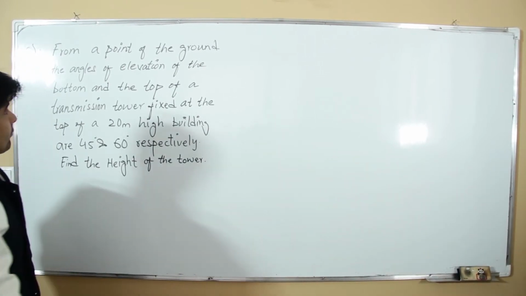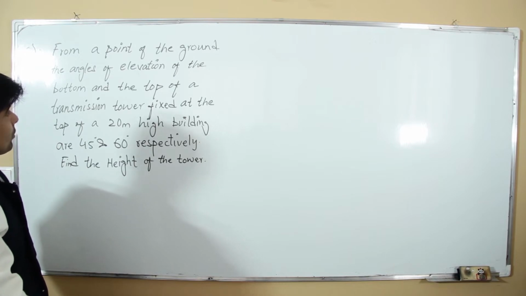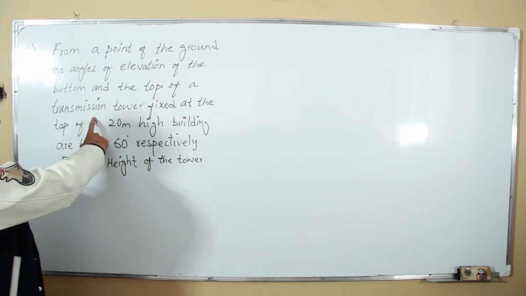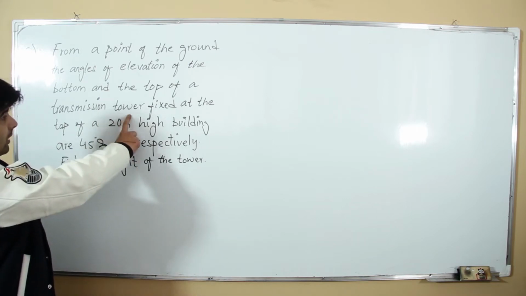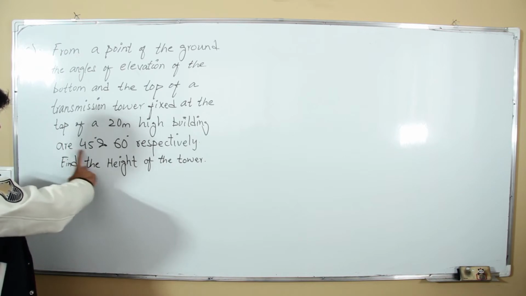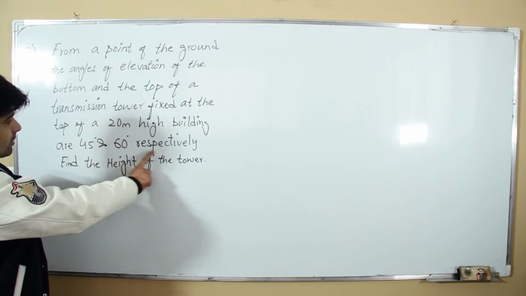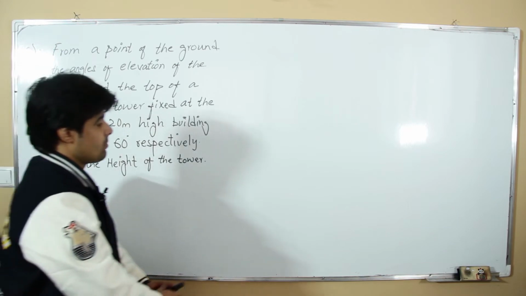Question number 6. From a point on the ground, the angles of elevation of the bottom and the top of a transmission tower. Transmission means communication. Communication tower fixed at the top of a 20-meter high building are 45 and 60 respectively. Find the height of the tower. What does it mean?